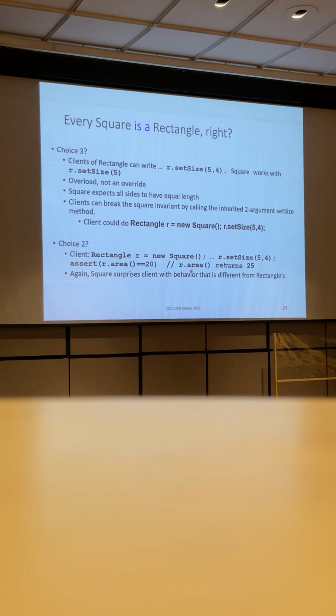It's a different value. So no, it's not a true subtype, because we cannot just, in the line that is written against rectangle with 5 and 4, substitute that object with a square of 5 and expect the client to see no difference. The client will see a difference because their area method will return a different value.